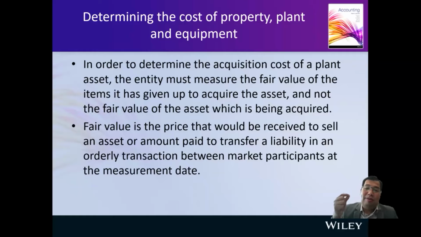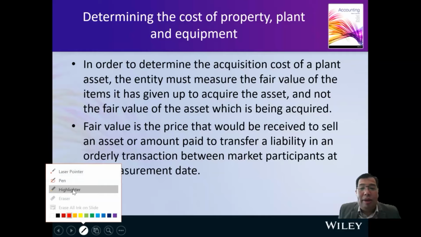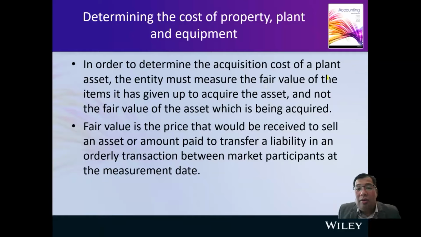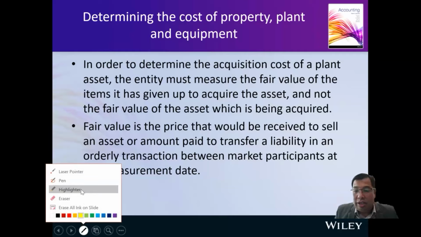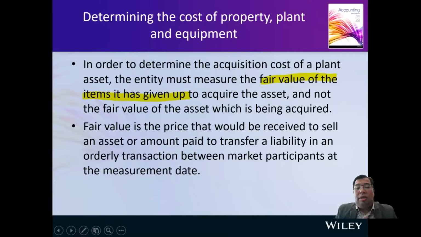So that is what it means by the fair value of the item it has given up. In order to buy the asset, you have given up cash, maybe 4 million, rather than the actual value of that asset, which may be higher or lower than that.